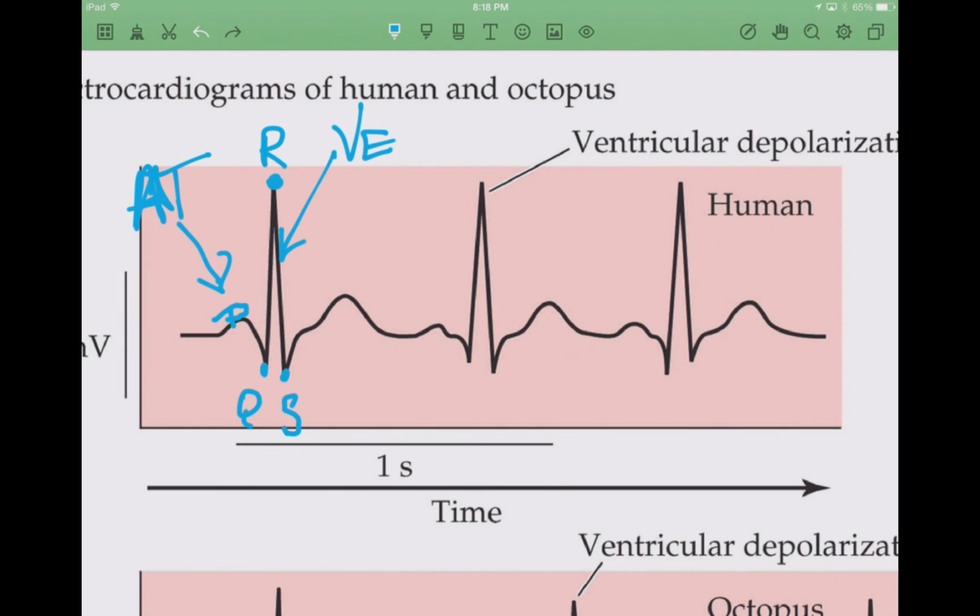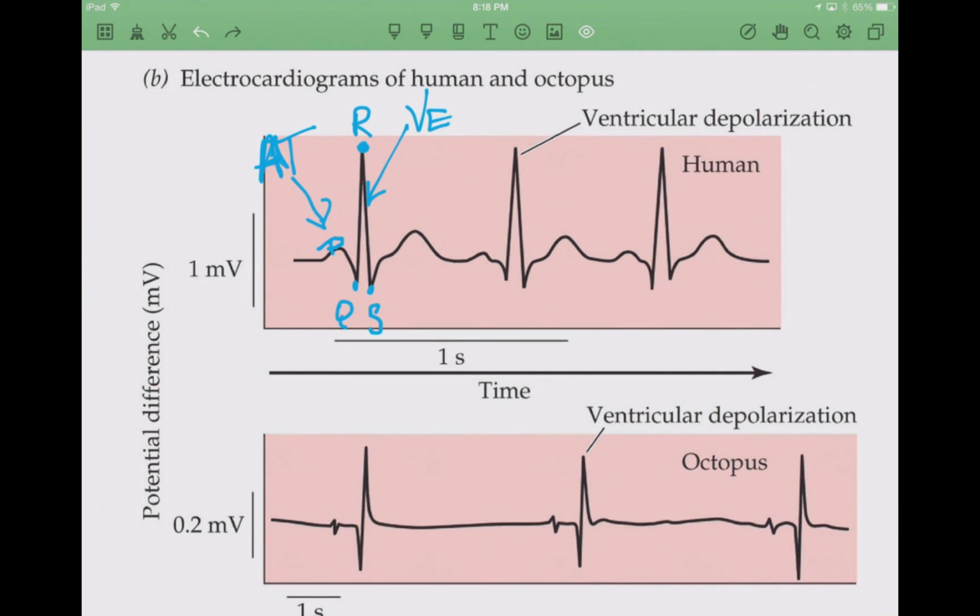And it's a pretty big event. In fact, when we hook up the leads to your body, when your ventricles fire, it's about 1 millivolt of a discharge, and that's enough to be picked up with some sensors. In fact, we can sense the fraction of a millivolt of your atria firing too.